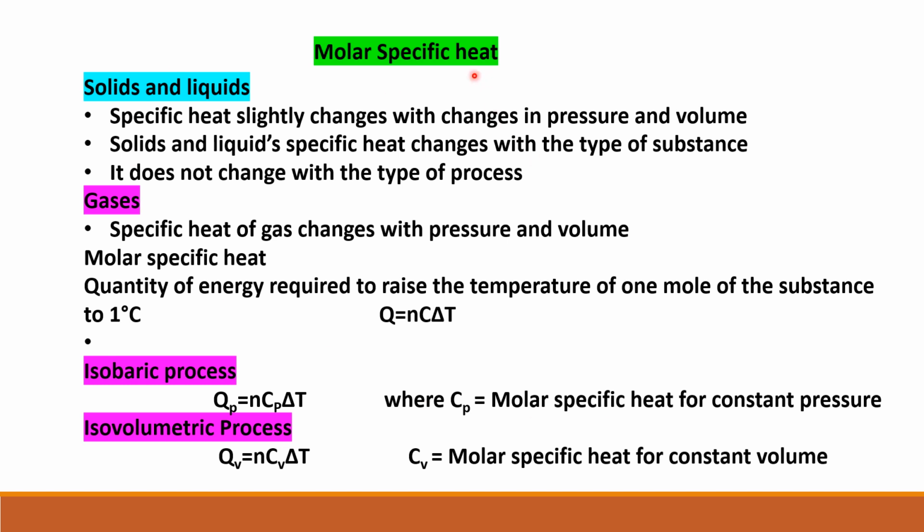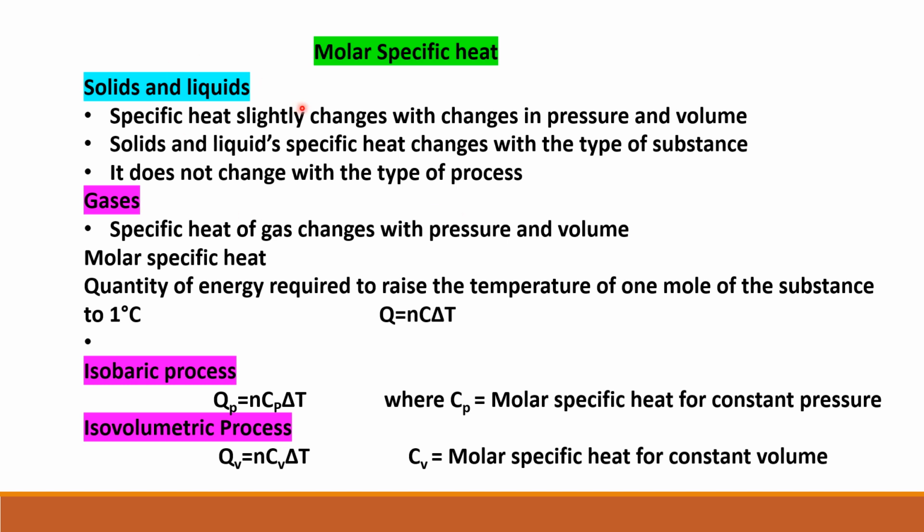Next, molar specific heat. So far we discussed the specific heat of solids and liquids. The specific heat of solids and liquids does not change with temperature, and changes only slightly with pressure and volume. Solids and liquids' specific heat changes with the type of substance, but it does not change with the type of process.